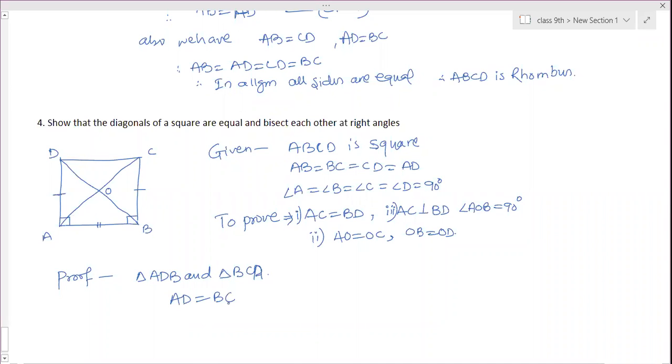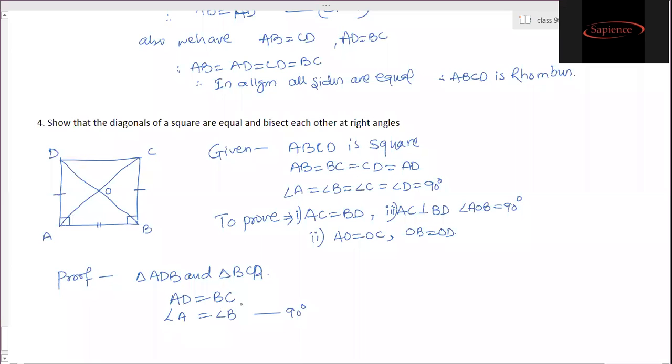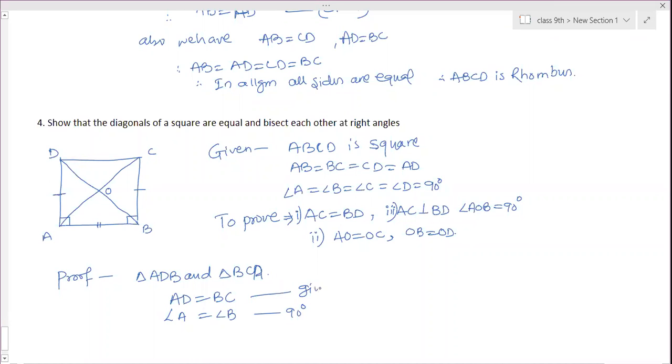AD is equal to BC. Angle A is equal to angle B, 90 degrees. This is given. A and B are 90 degrees and AB is common. AB is equal to BA, that is common side.